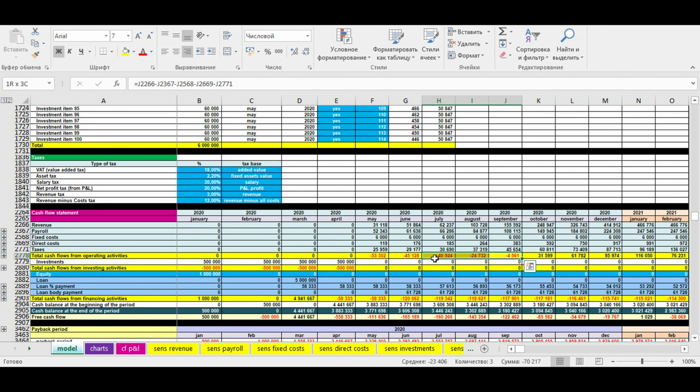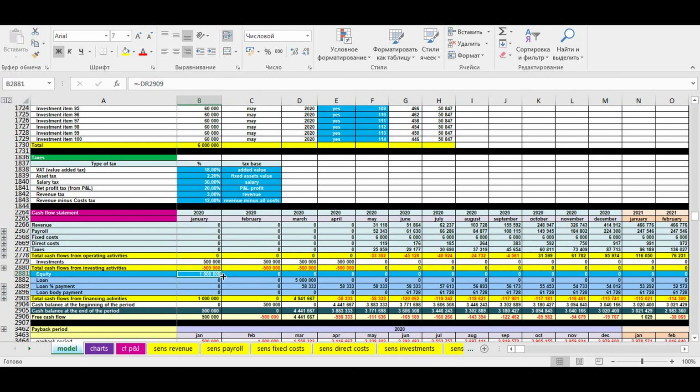It's a period when our business reaches break-even point. These losses must be added to the amount of money needed on the investment stage. Operational losses plus investment will give you the total amount of money needed to start your business.